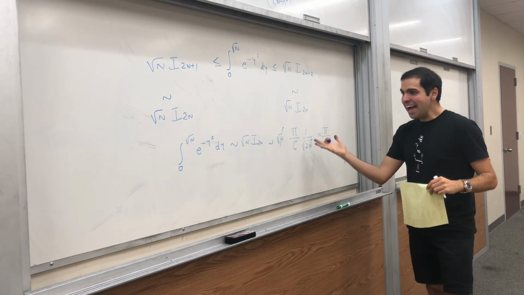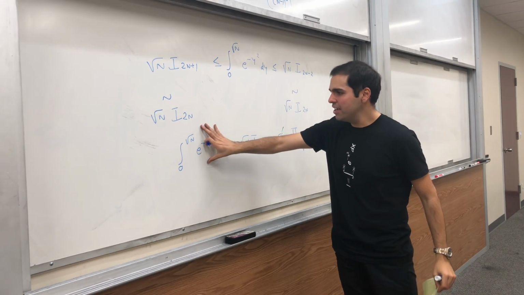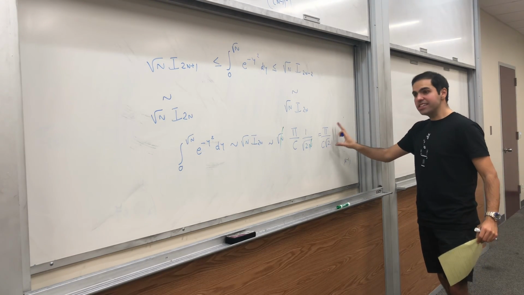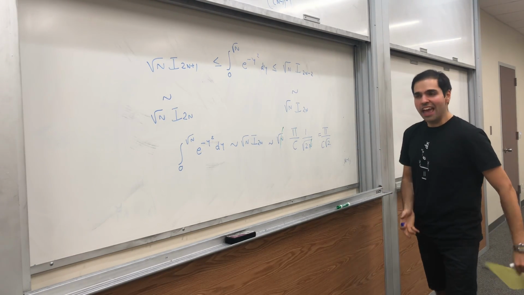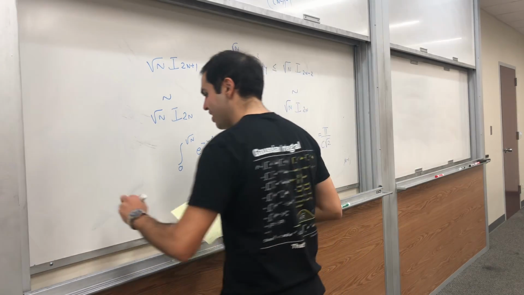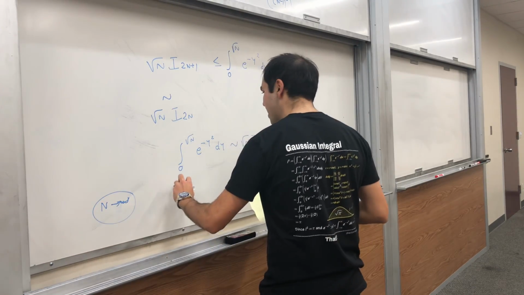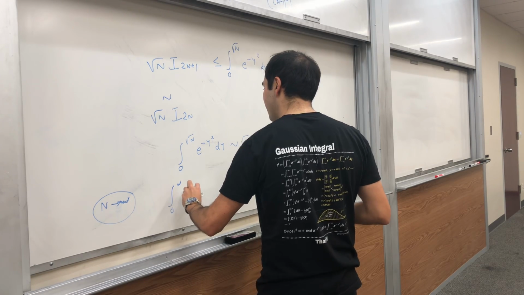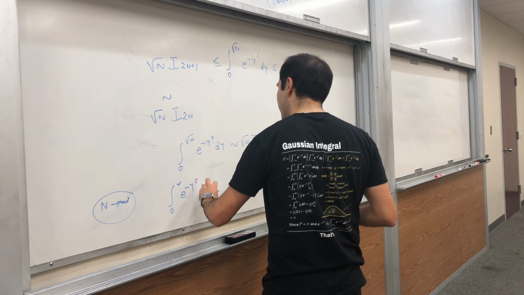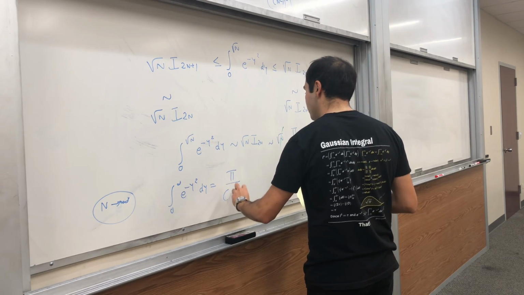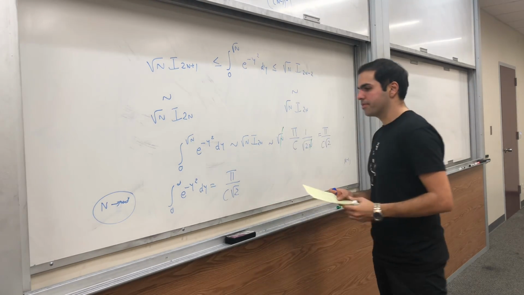So as n goes to infinity, this becomes equal to this, and because this is constant, we can let n go to infinity. So now let's do that. We get the integral from 0 to infinity of e to the minus y squared dy equals pi over c square root of 2.